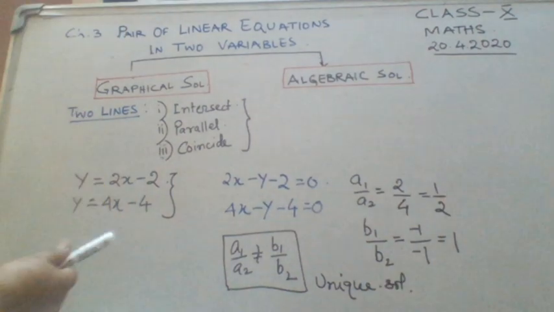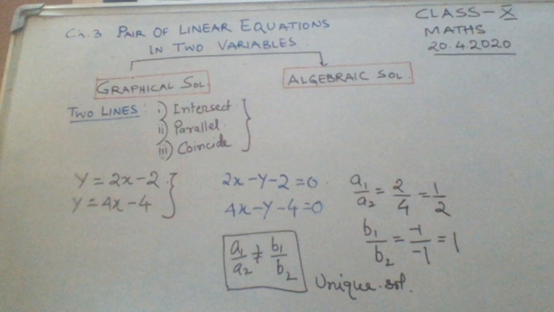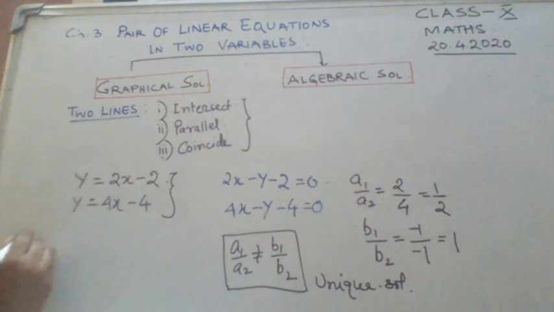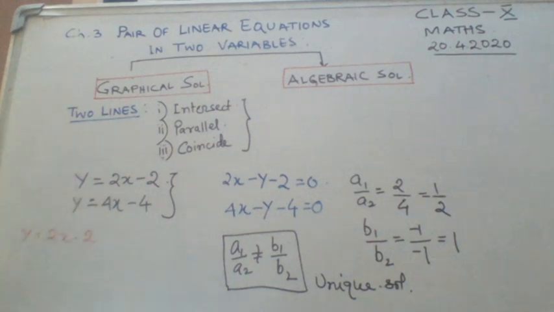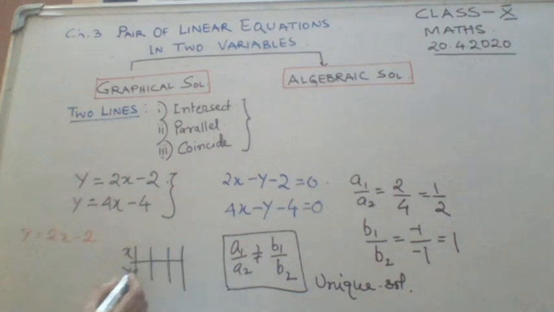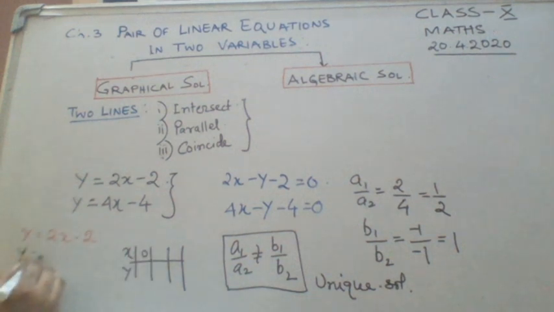From equation number 1, y equal to 2x minus 2, you prepare that table, x and y. Okay, so you are going to find the value of y, so substitute the value of x. If you take x equal to 0, then your y will be equal to minus 2.